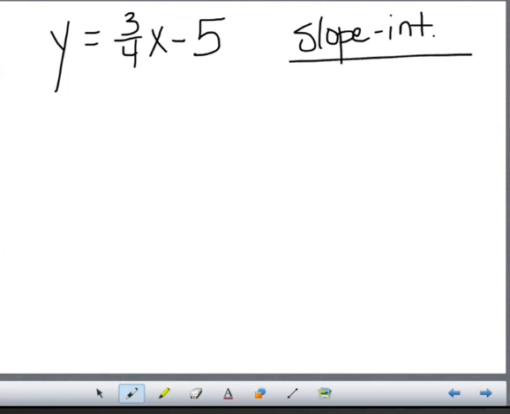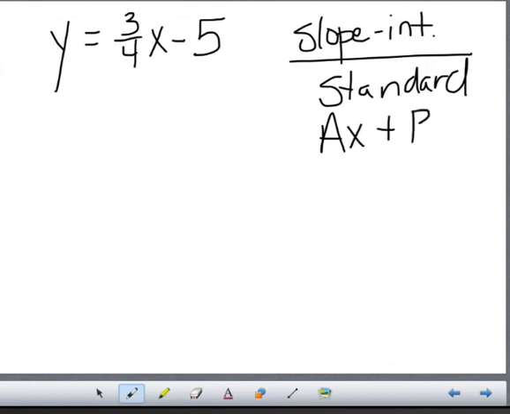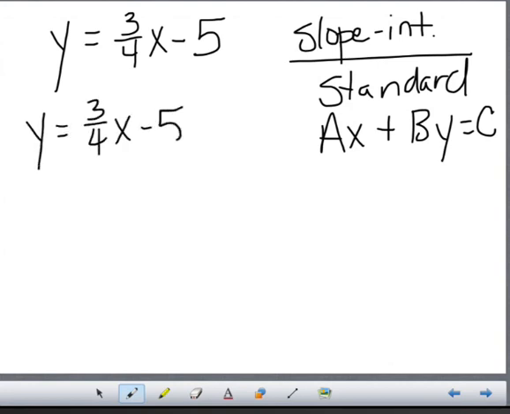I want you to write that for me in standard form. All right, remember what standard form looks like: ax plus by equals c. So in standard form, I've got to have my x and my y on the same side of the equation. So I have y equals 3/4 x minus 5.